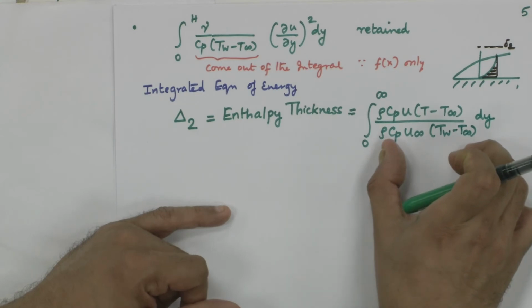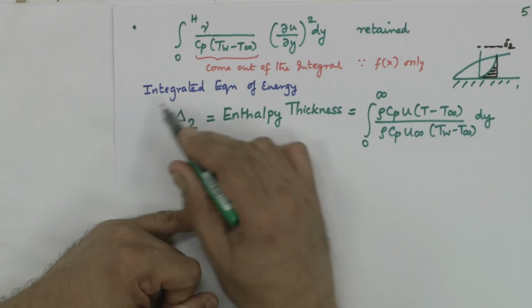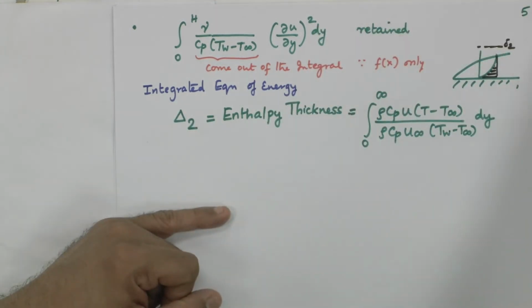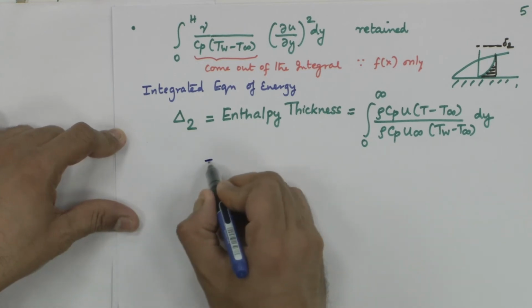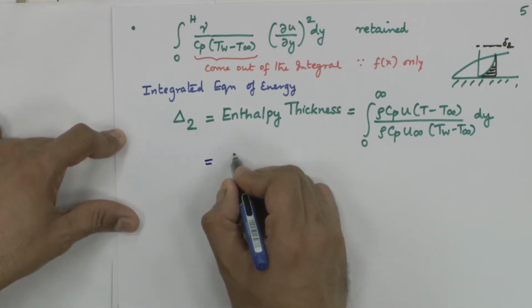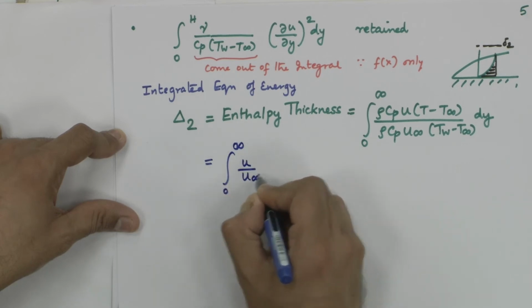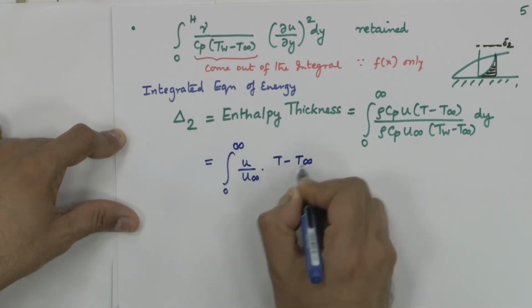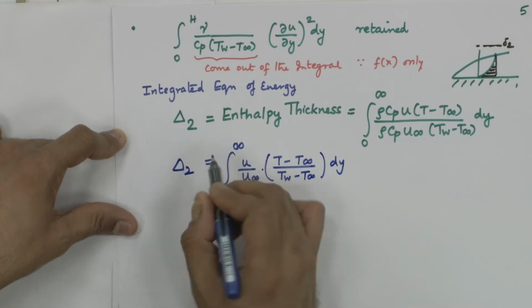This one would be the maximum possible, and this enthalpy thickness is the result of the formation of a boundary layer. Rho Cp can cancel, and this is written as the integral from 0 to infinity of u by u infinity times T minus T infinity divided by T wall minus T infinity, dy. This is my enthalpy thickness.